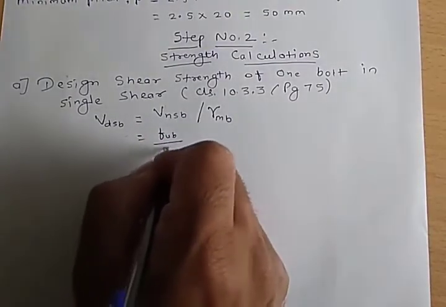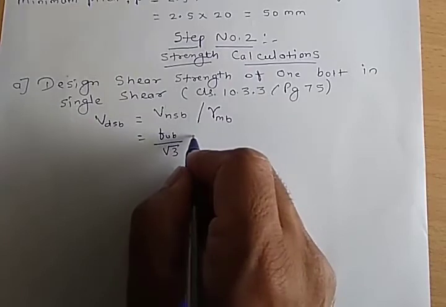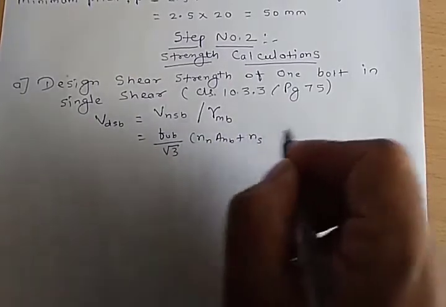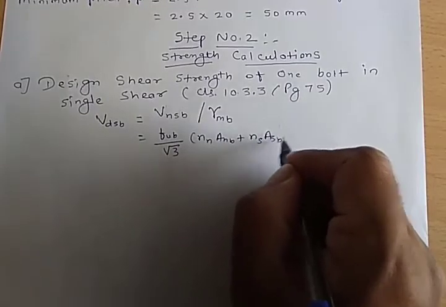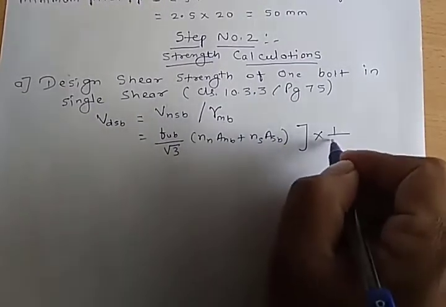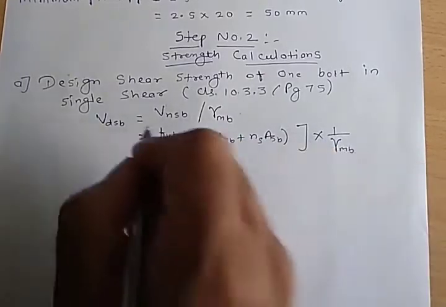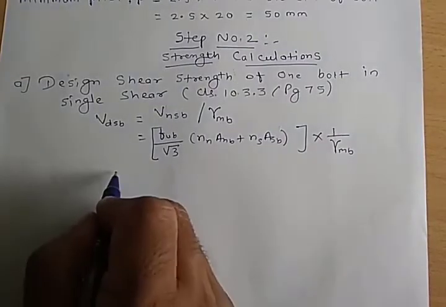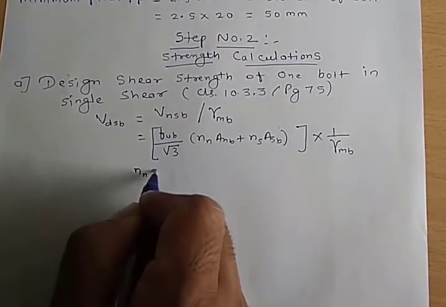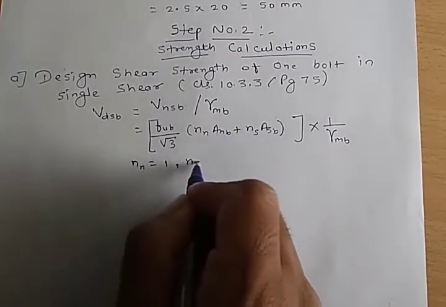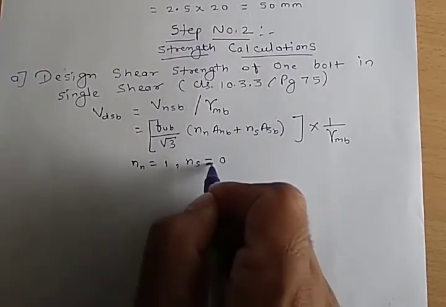We put in the formula of VNSB, that is Fub by root 3 into Nn into ANB plus Ns into ASB, into 1 by gamma MB. Nn is equal to 1 because we have only two plates, and that is the reason there will be only one shear plane.